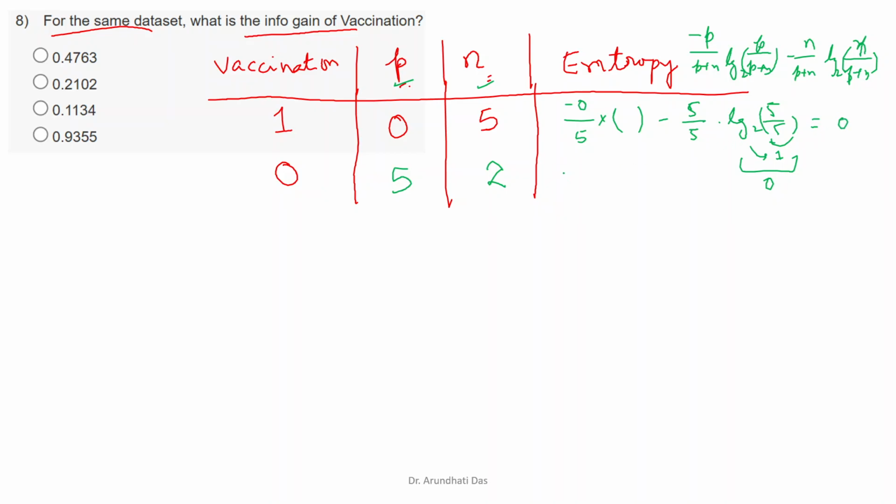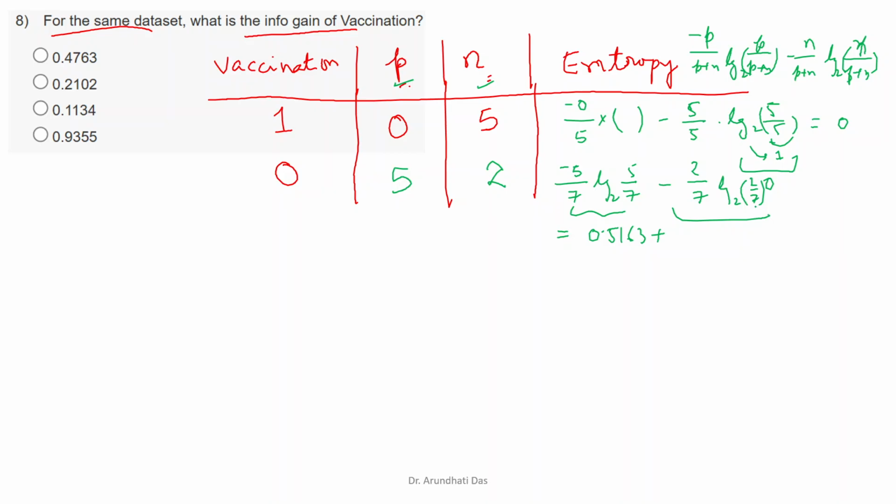Then the next values here: minus 5 by 7 log base 2 5 by 7, minus 2 by 7 log base 2 2 by 7. After the calculation, this value is 0.5163 plus this entire value.